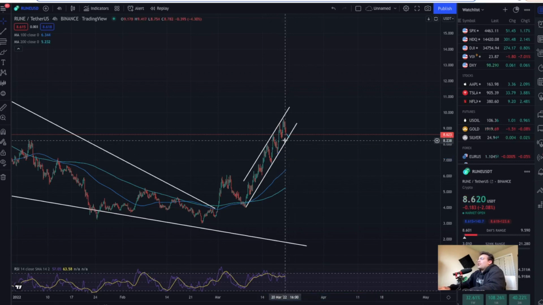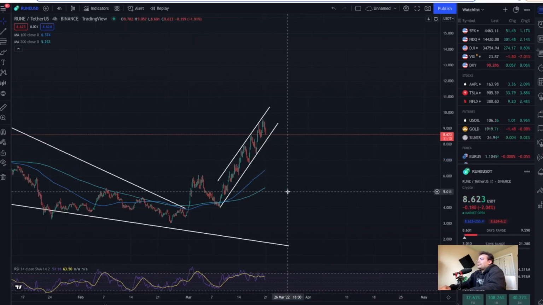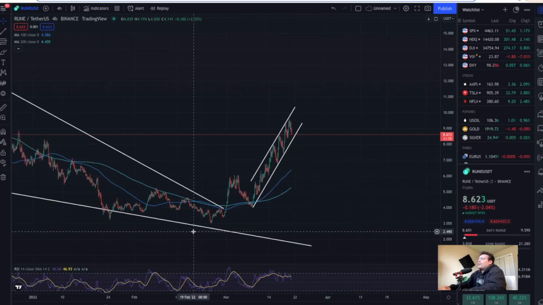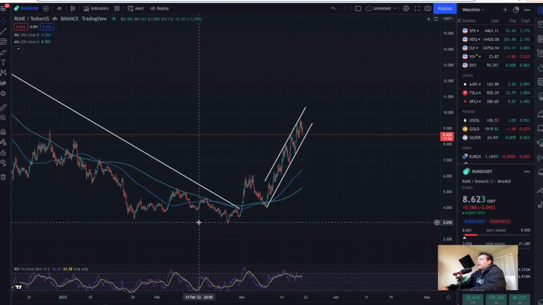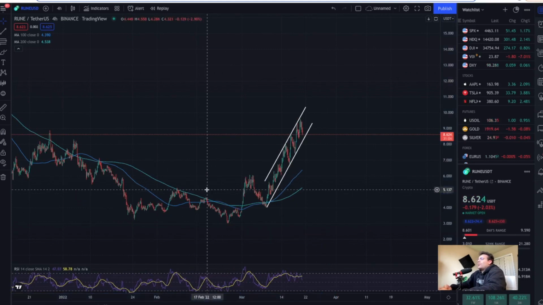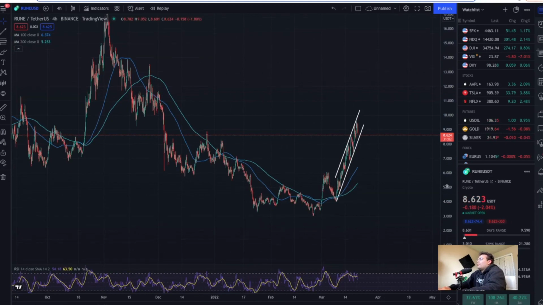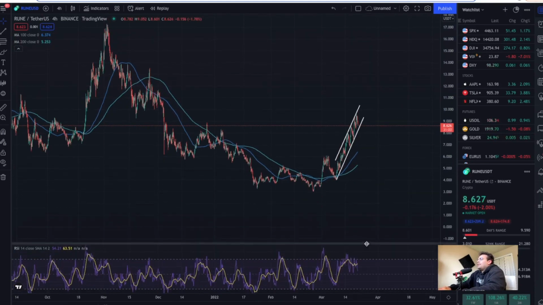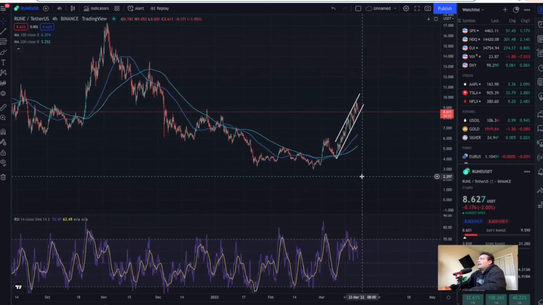So let's clean up this chart a little bit and get into a little bit more analysis. And then I want to break down a couple things about price. So I'm going to pull up really quickly this RSI to take a look here.